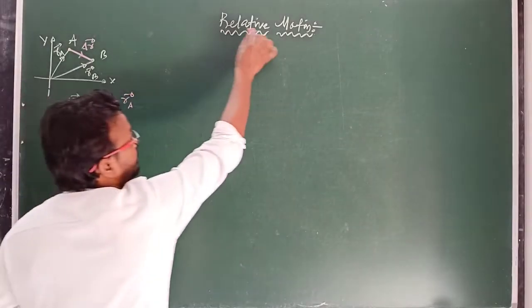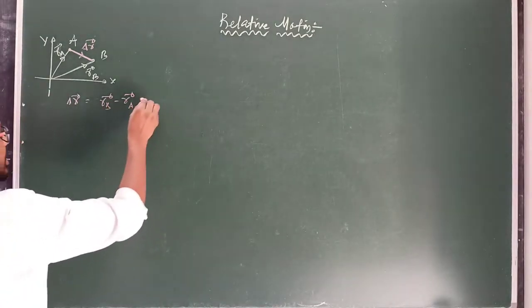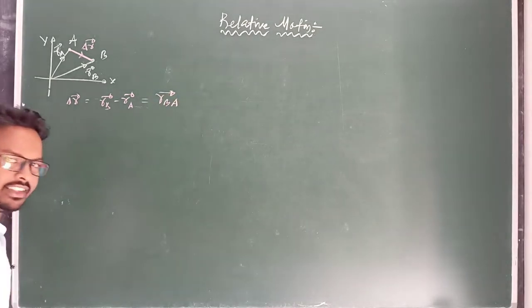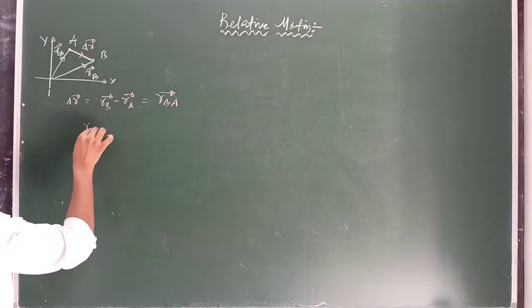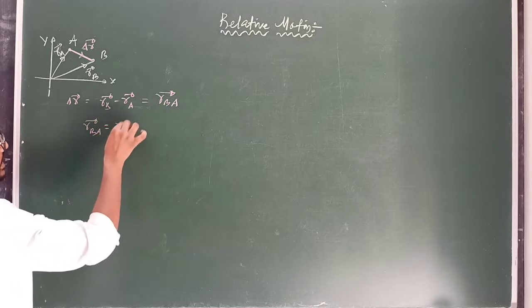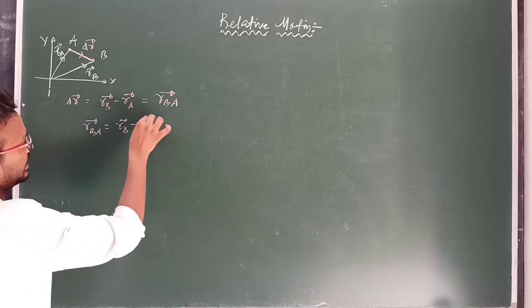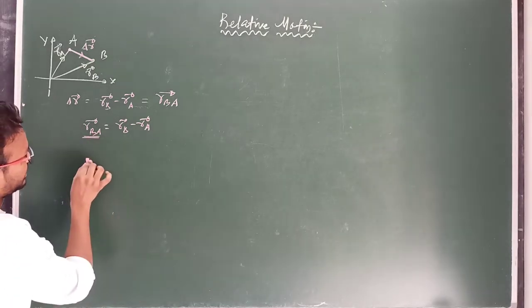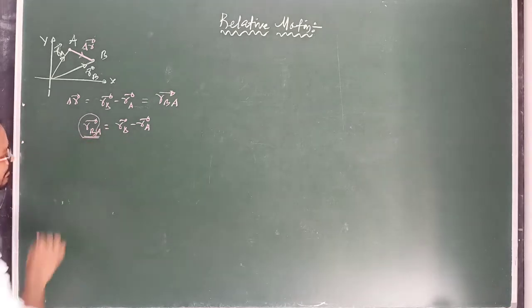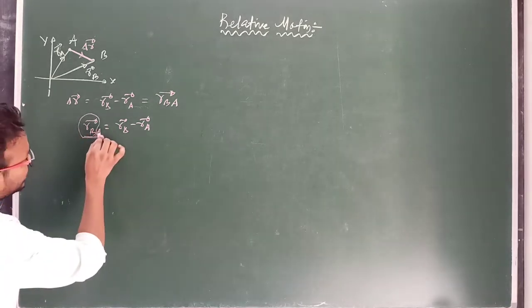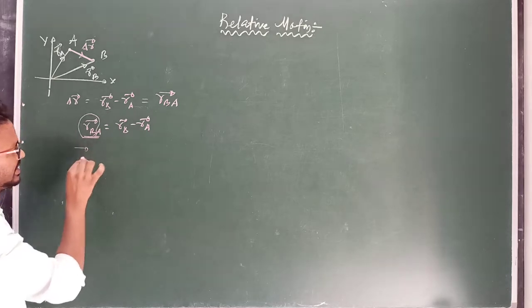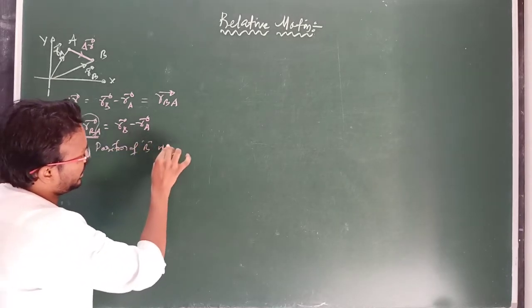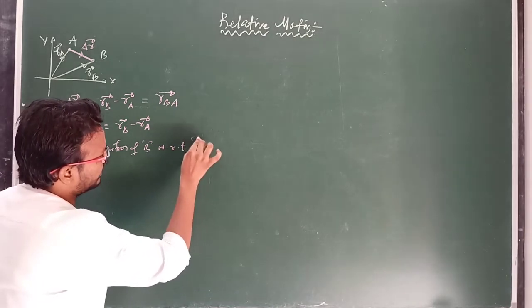And in the relative motion case, we write this term as r_BA. Clear? Simply, r_BA equals r_B minus r_A. It means first we have to find the relative position, meaning the position of B with respect to A. This is known as the position of B with respect to A. Clear?